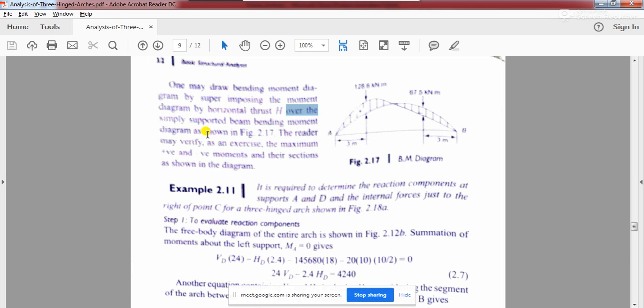If you can find the bending moment diagram of a simple supported beam of the same span with the same load, on top of that you superimpose the same shape of bending moment as the shape of the arch. And how do you get the value? You just get the value with the horizontal force multiplied by that ordinate value.